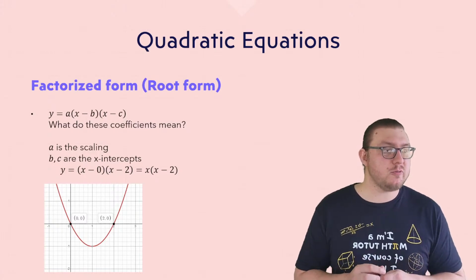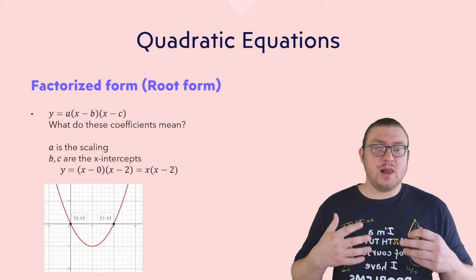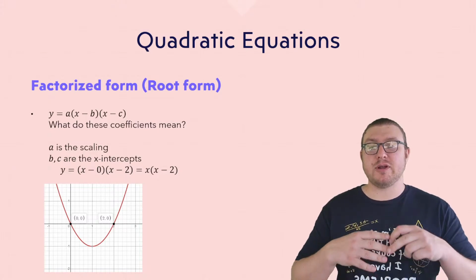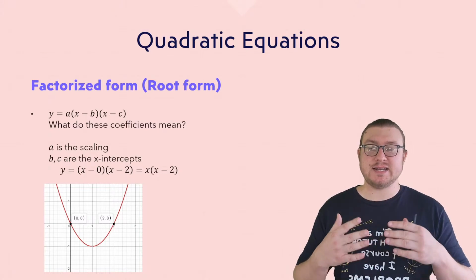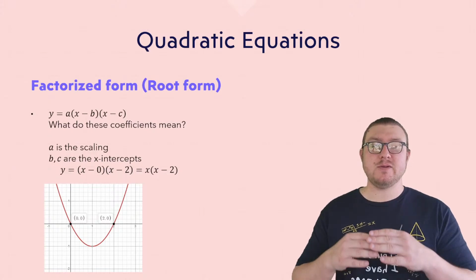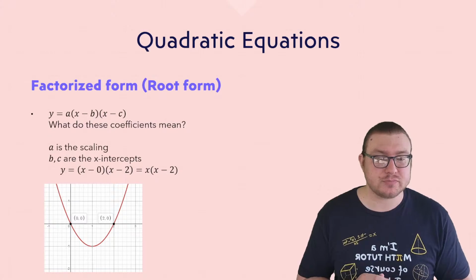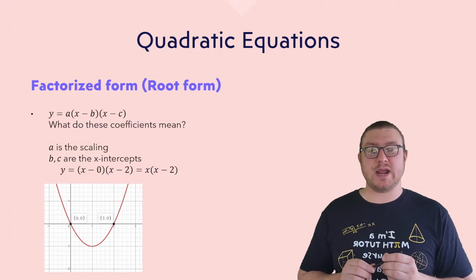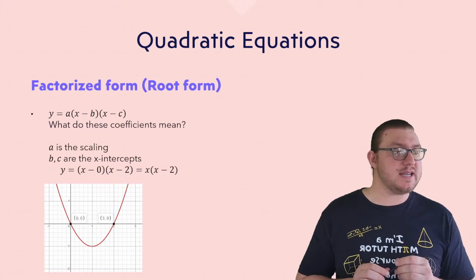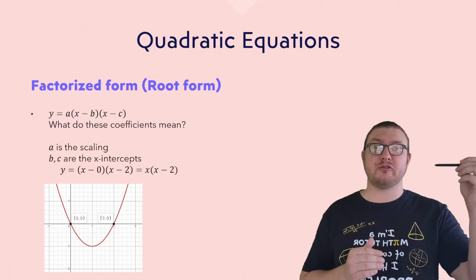So what do these coefficients mean? Well, we need to have a look. If we're factorizing these, what we can do is we can set y to 0 and then everything is multiplication. So for this equation that we have here, the a, b, and the c are different from the form that we had before.